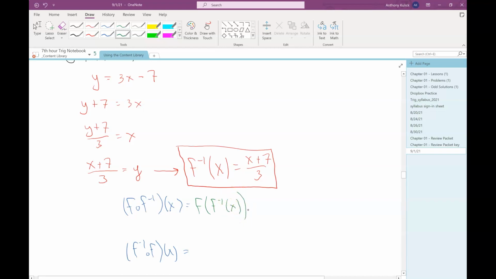My definition of composition says f compose f inverse of x is equal to f of f inverse of x. The f inverse that I found was x plus 7 all over 3. Then I'm going to plug that into the x in my function. So I have 3 times (x plus 7 over 3) minus 7.